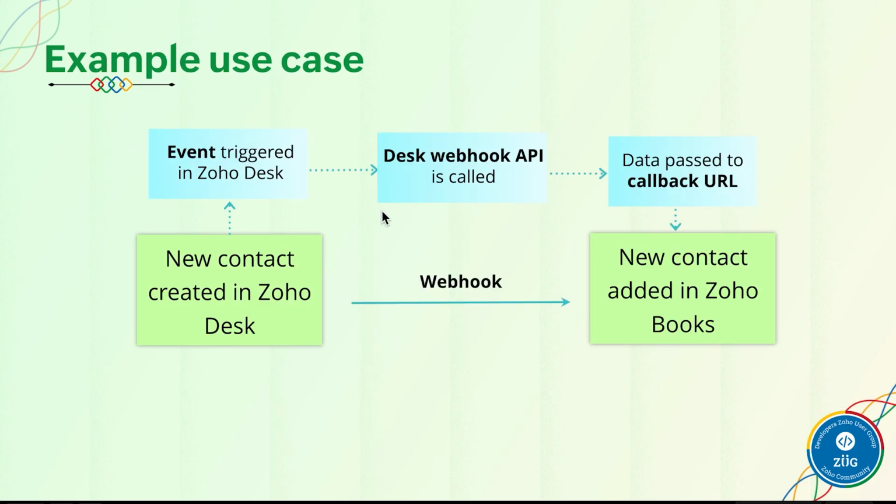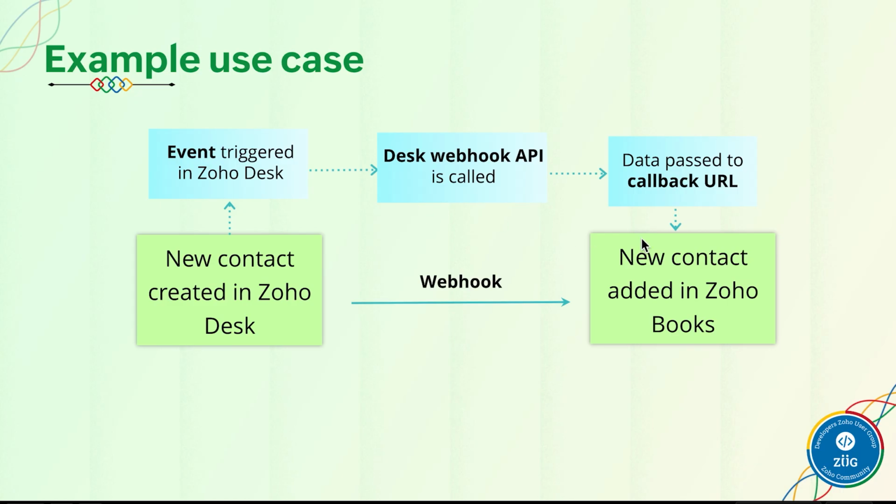In this slide, I have included a visual representation of the use case that we have just discussed. As shown here, whenever a new contact is added in Zoho Desk, the configured webhook will capture the event in real time. Using the inbound webhook setup, that contact data is then automatically passed into Zoho Books.